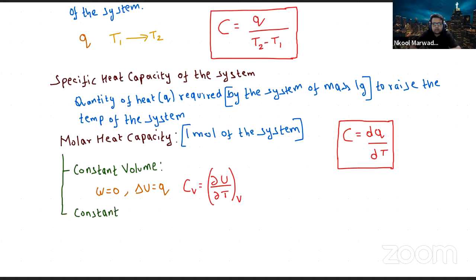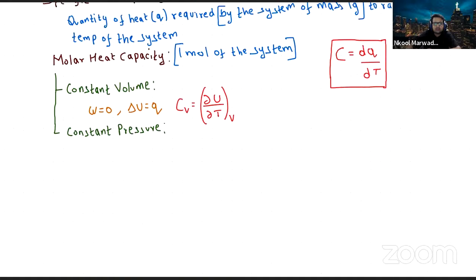Isn't it? Constant. In constant pressure, whatever we are discussing, we are mainly discussing keeping pressure constant. So there we know that change in internal energy will be Q, and we are assuming the work is done by the system, the piston example which we saw.